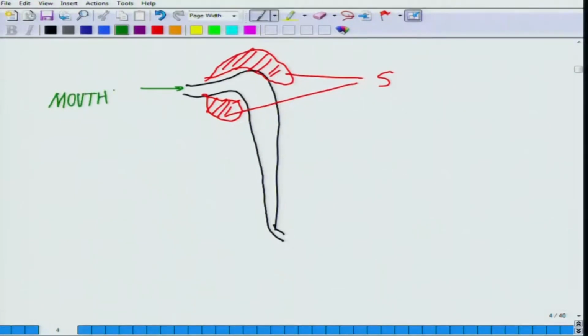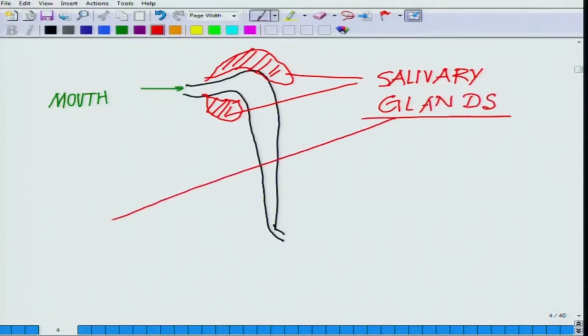In the back of the mouth you have these salivary glands, and there are different salivary glands which are present, and they have different functions. We will come to that.